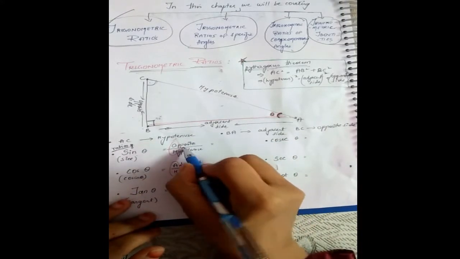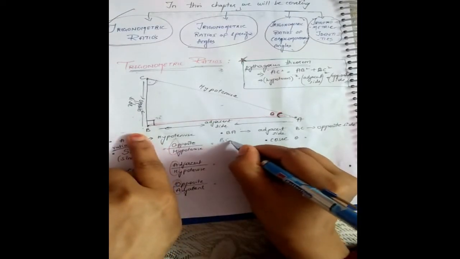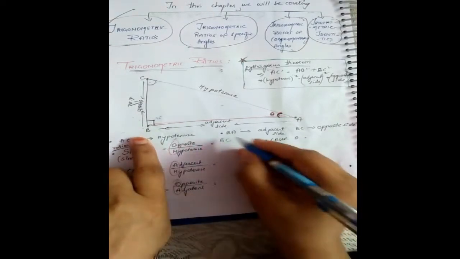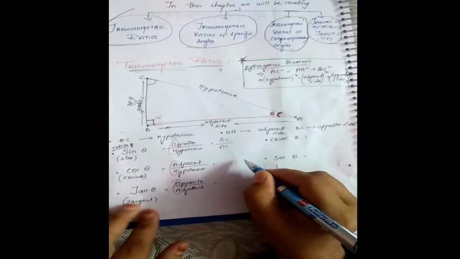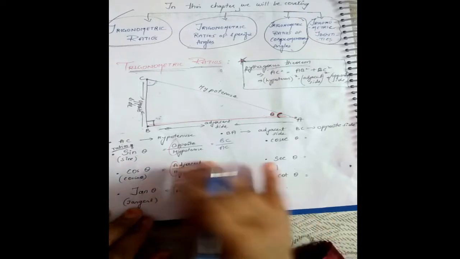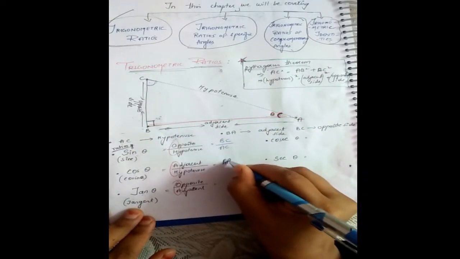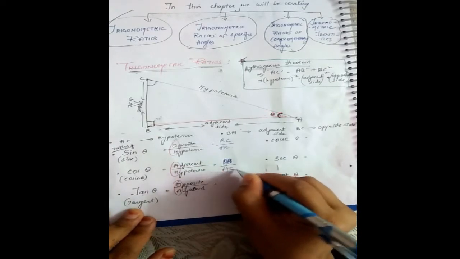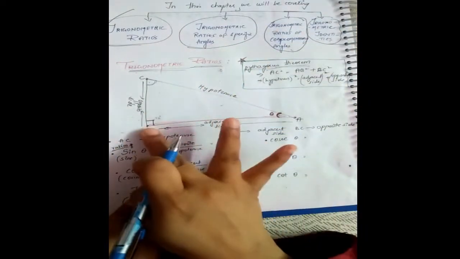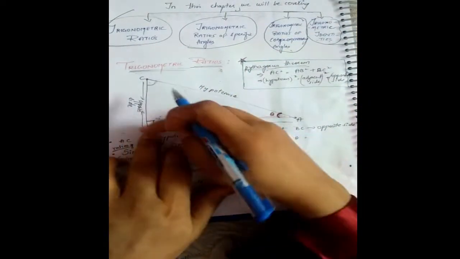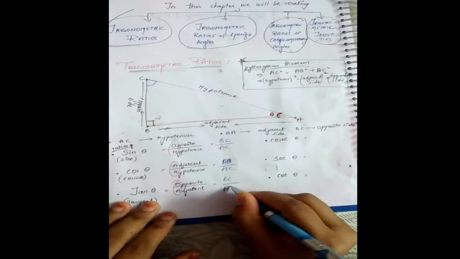See here, the opposite side is BC, divided by hypotenuse AC. Adjacent by hypotenuse: the adjacent side is AB, divided by AC. What is tan? Opposite by adjacent, BC by AB.